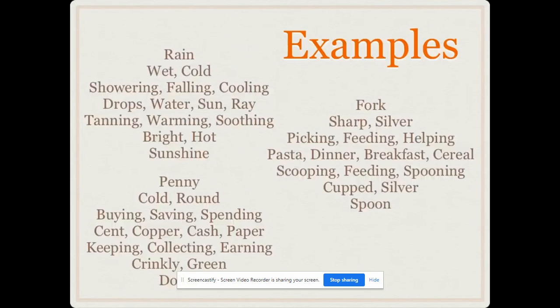So we have cold, round, buying, saving, spending, cent, copper, cash, paper, keeping, collecting, earning, crinkling, grain, dollar. And the last example we have here is comparing a fork and a spoon. Sharp, silver, picking, feeding, helping, pasta, dinner, breakfast, cereal, scooping, feeding, spooning, cupped, silver.